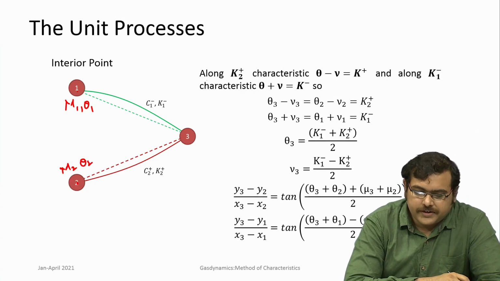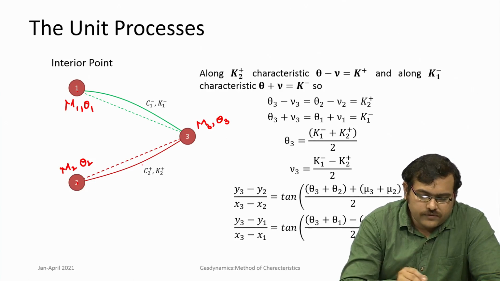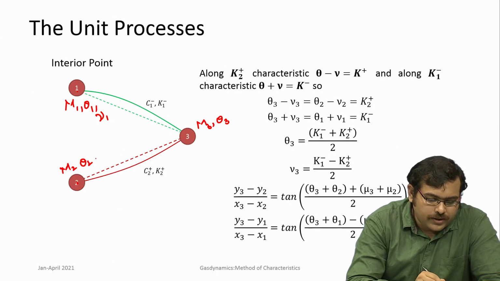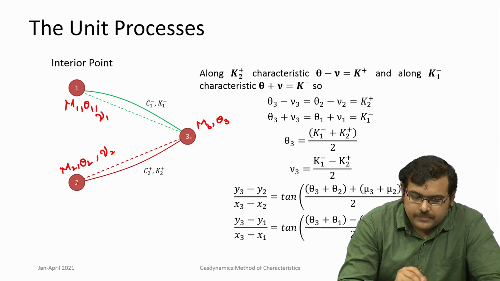Then our interest is to find what is M3, theta 3. If you know M1, you also know the Prandtl-Meyer angle nu 1 and you also know nu 2. So, we are interested to find M3, theta 3.